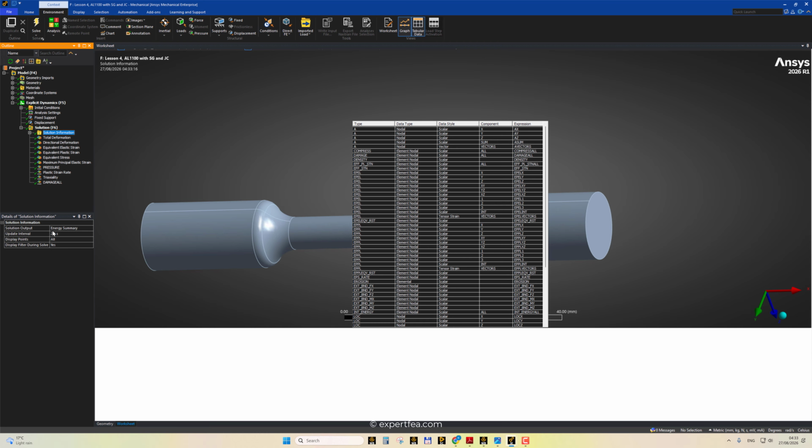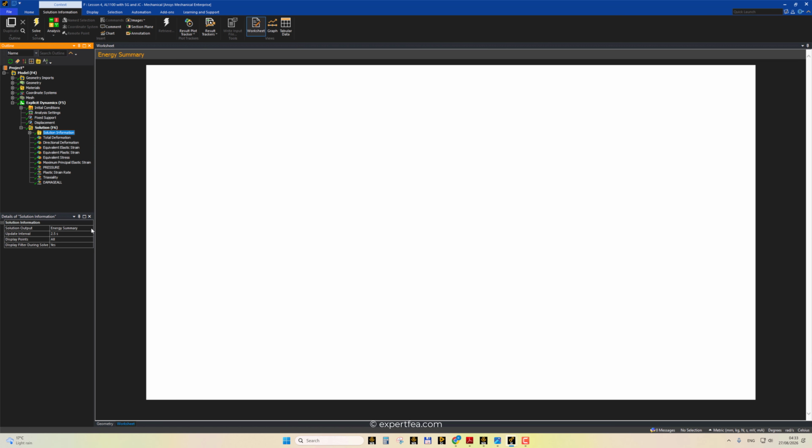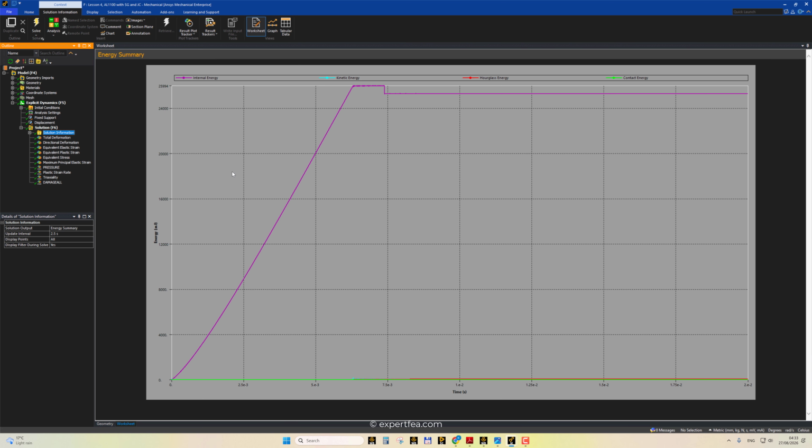There is, under solution output, what I call energy summary. And we need the kinetic energy to be very small. Look here, the kinetic energy is the teal or turquoise one, whatever. It should be very small. There is a peak here or something, but this is the sign that we have a quasi-static simulation, because internal energy is the only one that matters here.